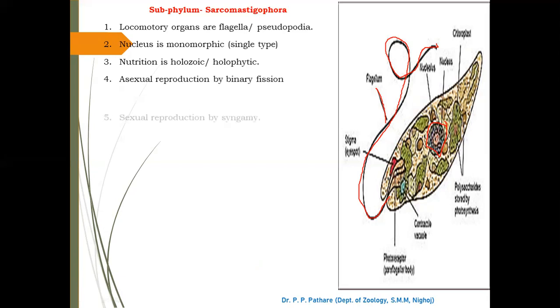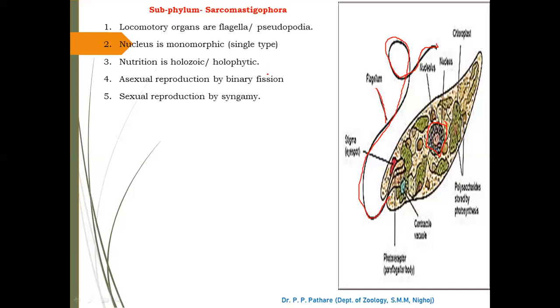Next important point, that is asexual type of reproduction, that is binary fission. This information is already discussed with you, that is what is the asexual type of reproduction. Asexual type of reproduction, generally they show longitudinal binary fission or multiple fission.